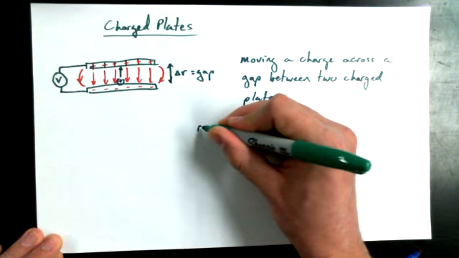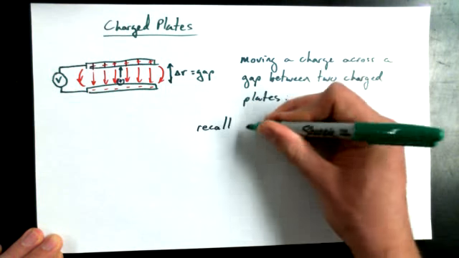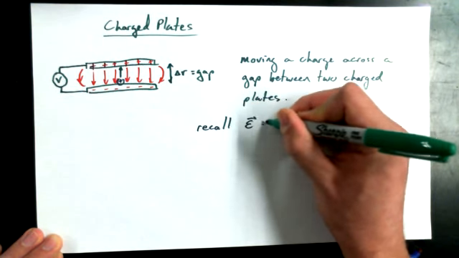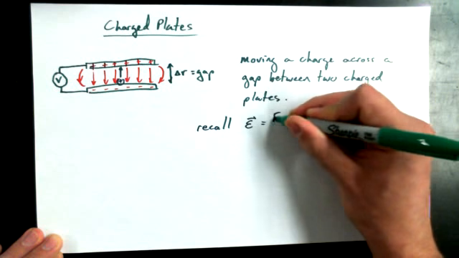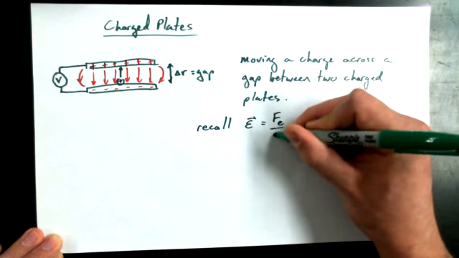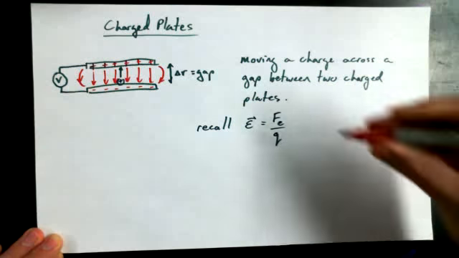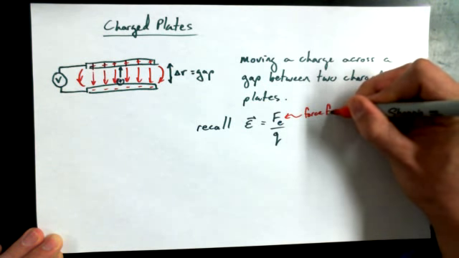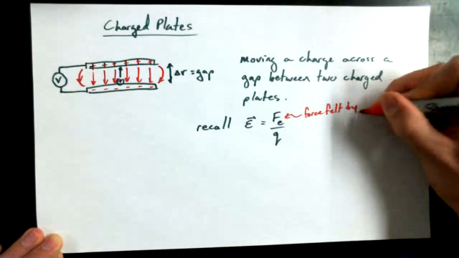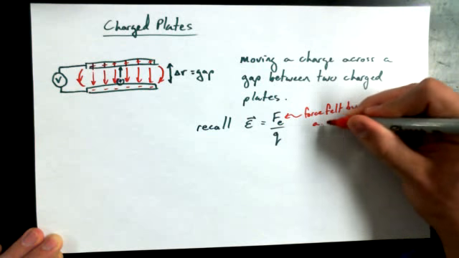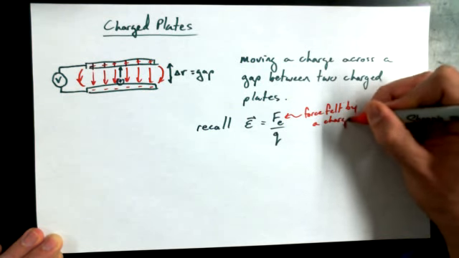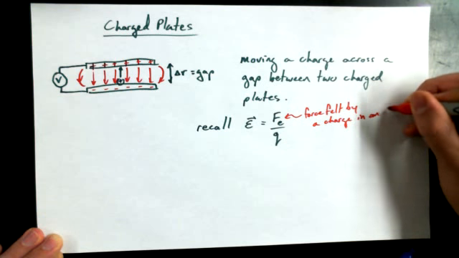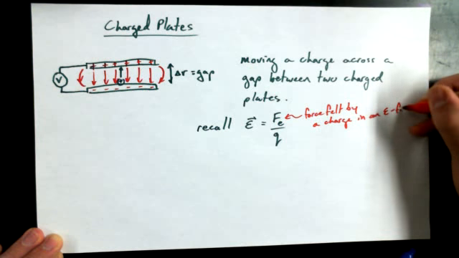So I just want to recall the electric field is equal to Fe over Q. And Fe is the force felt by a charge in an electric field, an E field.